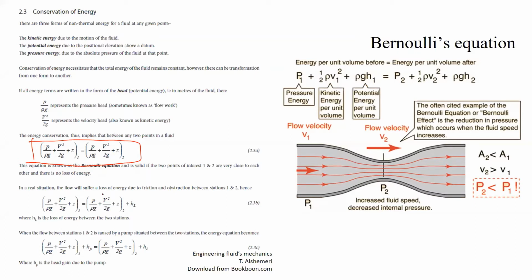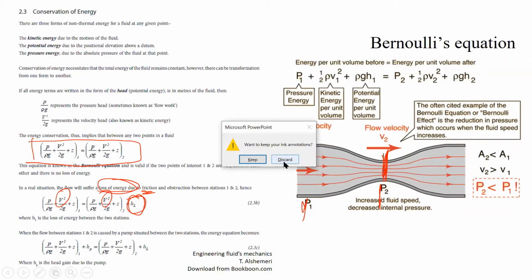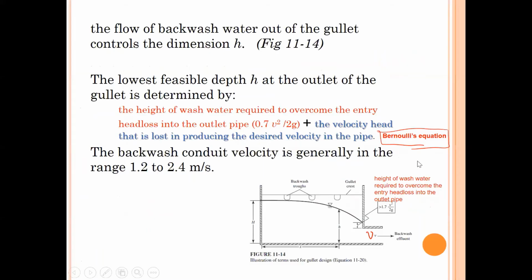Because some loss of energy happens due to friction, we have to consider this loss of energy, and we call it head loss. So we write like this. Because head loss is occurring, the velocity will be different at this point and at this point. That is just a brief description of the Bernoulli equation.